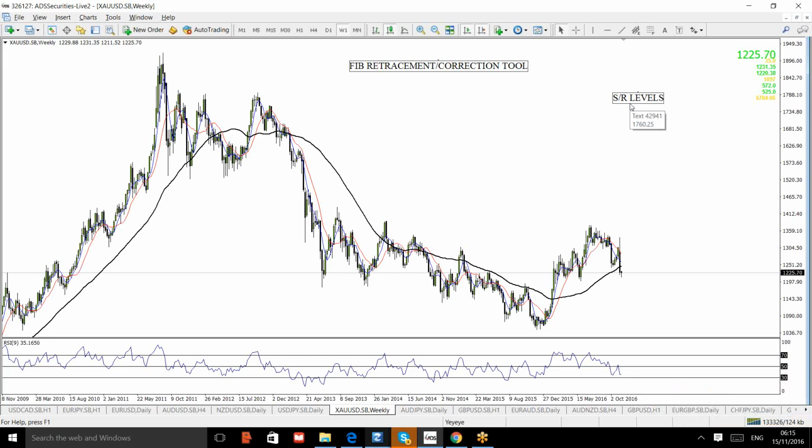It checks how much a price can retrace, how much a price can correct, right? So the Fibonacci retracement is the tool we can use to see how much the price can retrace or correct. Understand, guys?